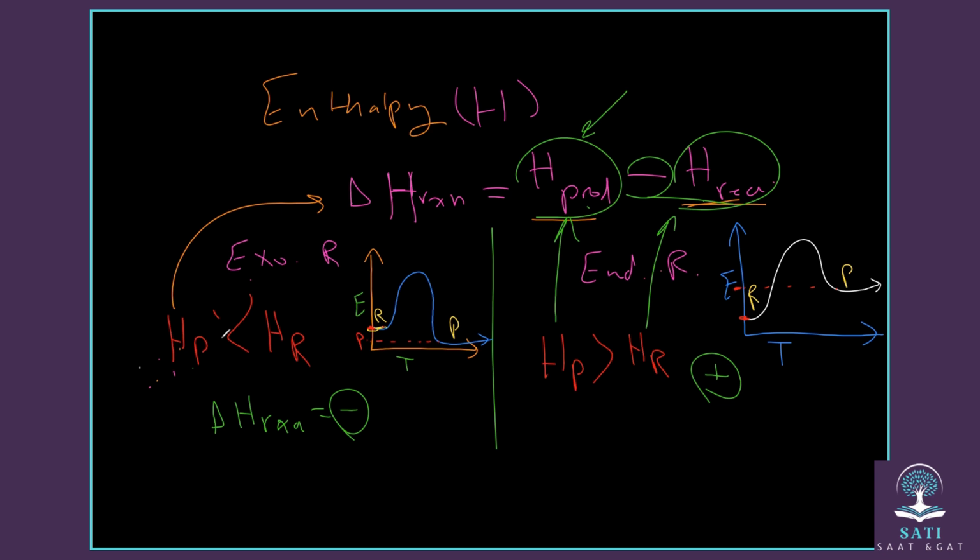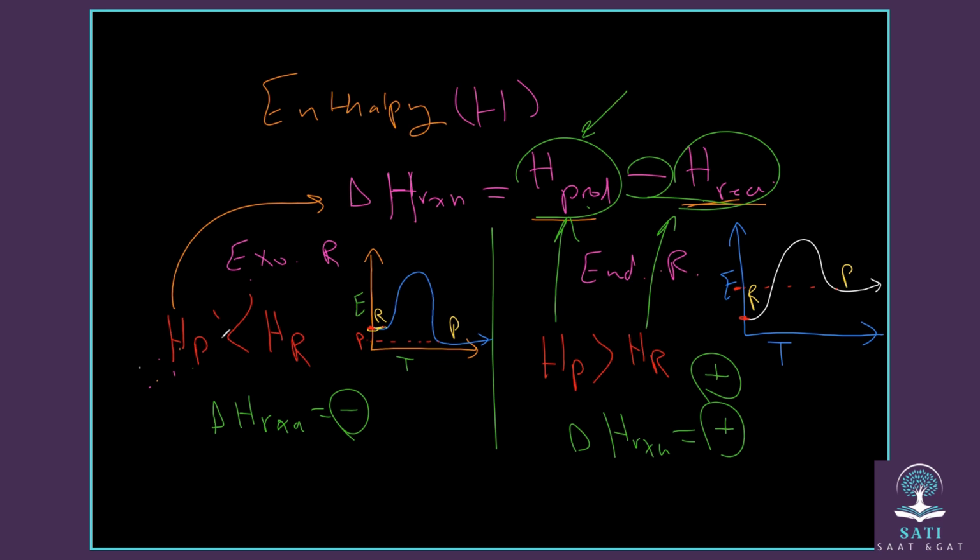So the change in enthalpy of reaction will become positive if it is what? Endothermic. So remember that when the reaction takes in energy, this is endothermic, and its change in enthalpy will be positive sign. And in this case, the products will have higher energy than the reactants.